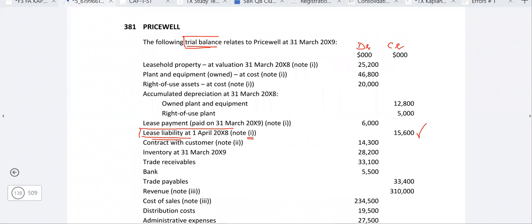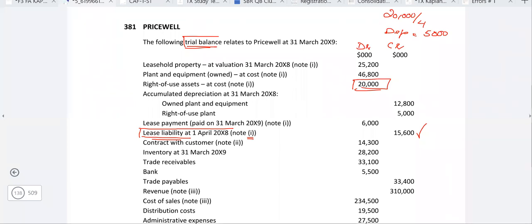So again, going back to the trial balance, you see there is a right of use asset over here at cost of 20,000. As I said, you just take the cost, which is 20,000, divide by lease term, which is 4. So you get the depreciation of the right of use asset simply of 5,000.